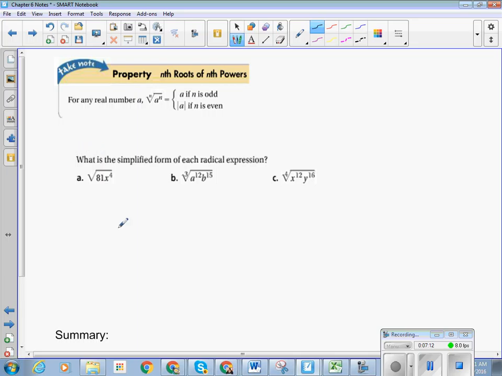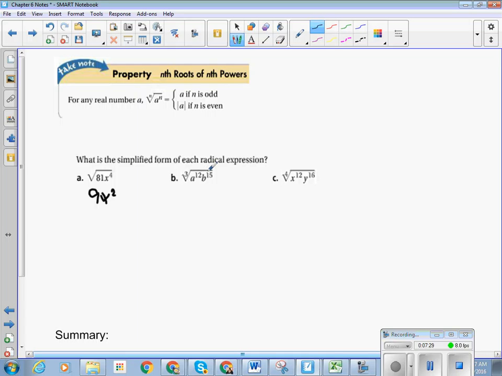Okay, so in this next bit, we are going to find the square root, cubed root, and fourth root of 3 different expressions. The square root of 81x to the 4th is 9x squared.